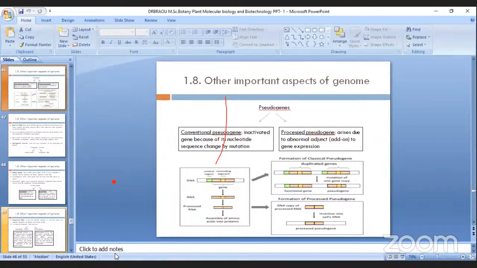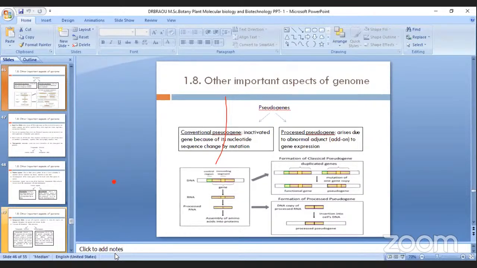This change in the nucleotide sequence results in the inactivated gene. This is called a conventional pseudogene.